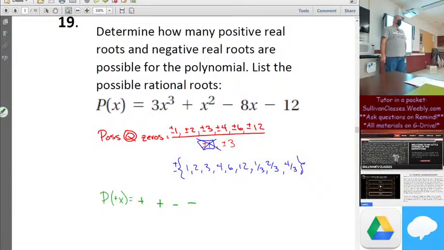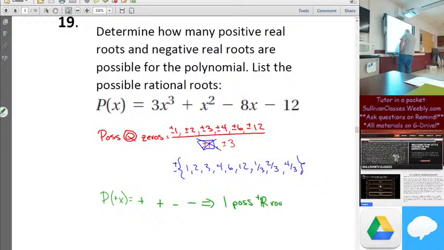You remember what we did with that? We count. This had exactly one sign change. So there is one possible positive real root, which means when I do my synthetic division guess and check, I'm going to start with the positive numbers because I know there has to be a positive real root.